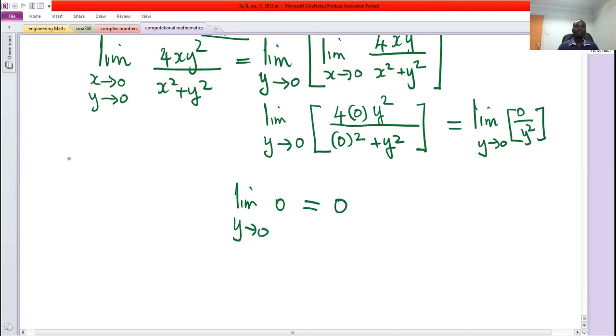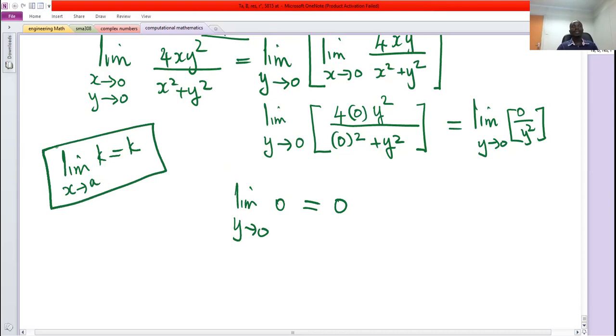Remember, the limit of a constant is always the same constant. This is a property of limits that was done when you're dealing with functions of a single variable. So this is what we call F1.